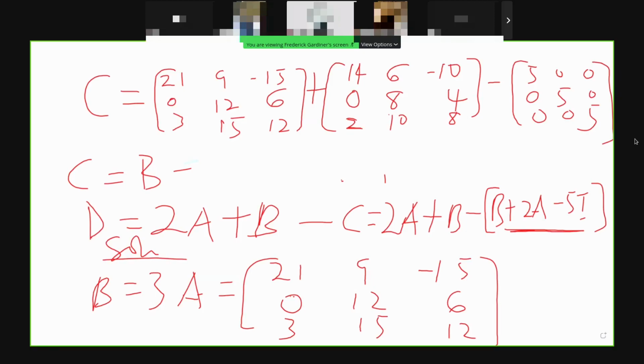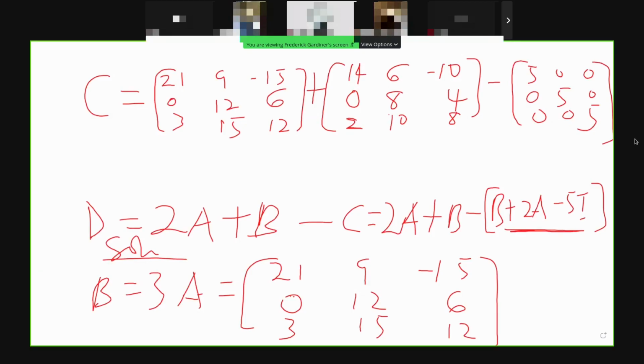So all you do is you operate on corresponding elements. The element in the first row, first column of the first matrix is 21. The second matrix has 14. The last matrix has 5.